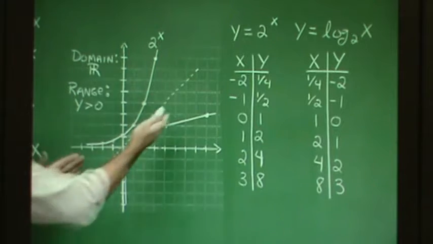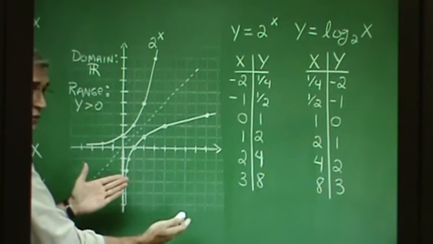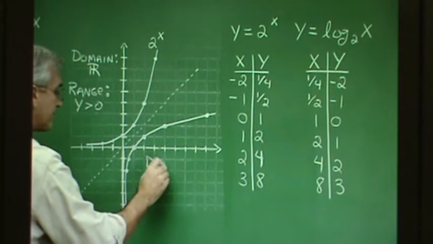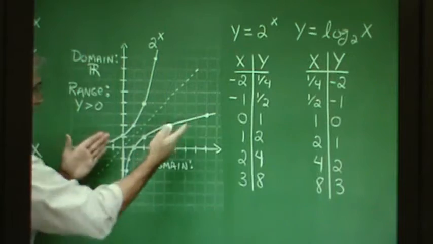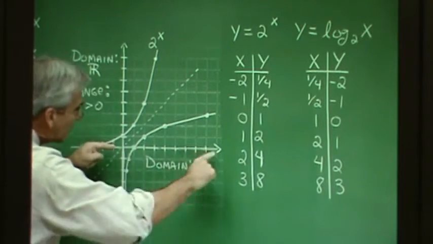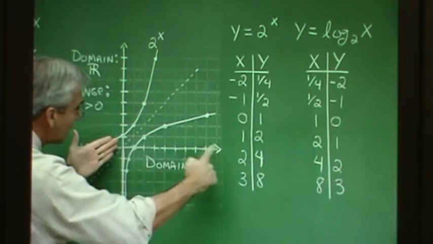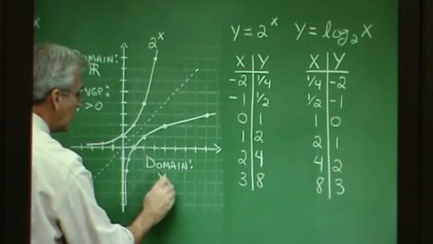Now notice what happens with the logarithmic function. The roles of the domain and range are simply swapped. So for domain, for the logarithmic function, the domain is, let's see, for what x's do we have points on the graph? Well, for all of these x's that are positive, we have points on the graph. So it would be x greater than 0.